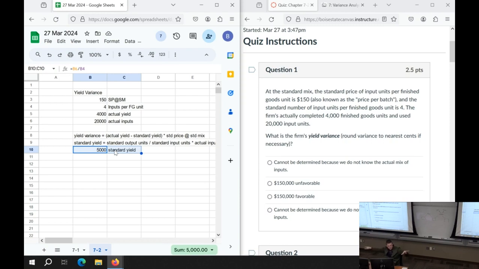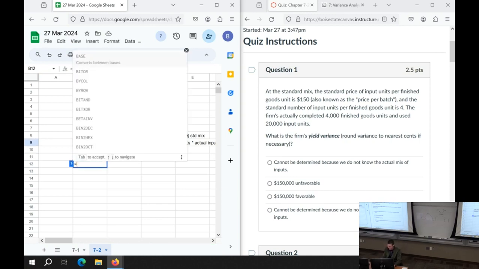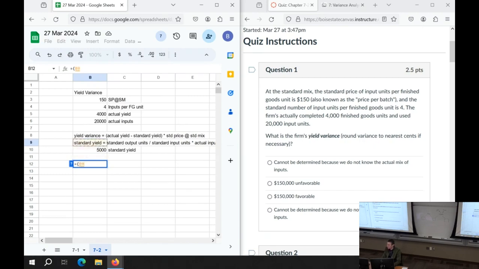We actually yielded lower than that. We didn't get enough out of those 20,000 inputs. So we have, put the parentheses, actual yield minus our standard yield, all times standard price at standard mix. So it looks like we can indeed solve this. That was a double blitz fake play there on the answer choices.